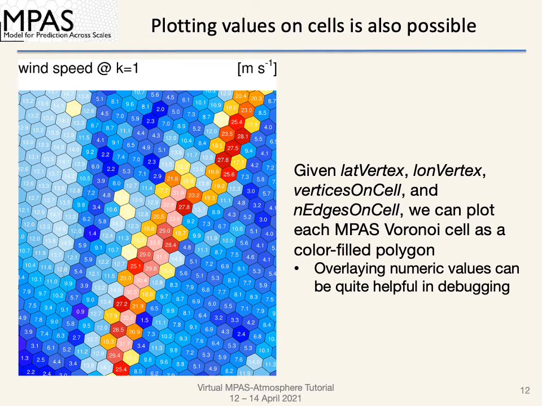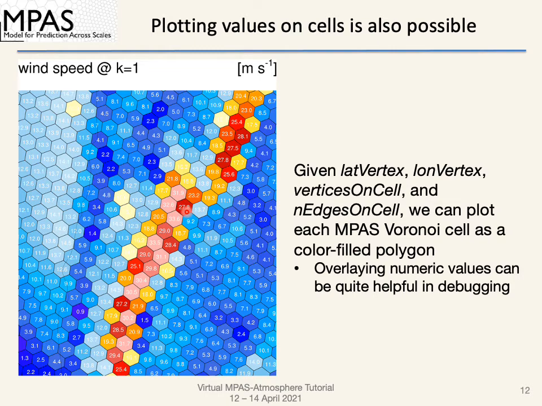We also have examples of scripts that allow you to put some quantitative information directly in the cells that are being drawn. So a variant of the script that plots color-filled cells is a version that draws color-filled polygons for all of the cells. And it also draws outlines of the cells and then puts whatever value you would like inside of each cell.